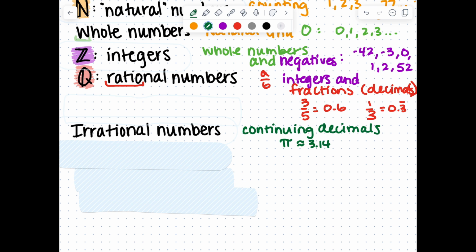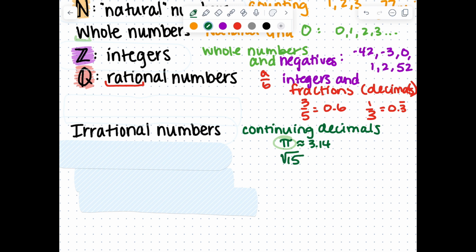They haven't found the end of it. They believe it doesn't end. It is an irrational number. We use the symbol pi to represent that never-ending number. Now, there are other irrational numbers. For example, would be like the square root of 15. The square root of 15 is not a whole number.